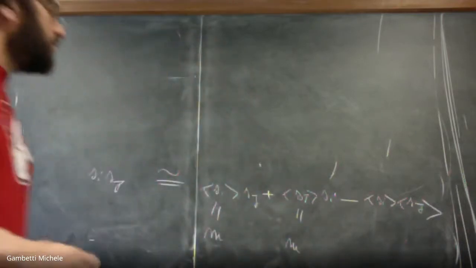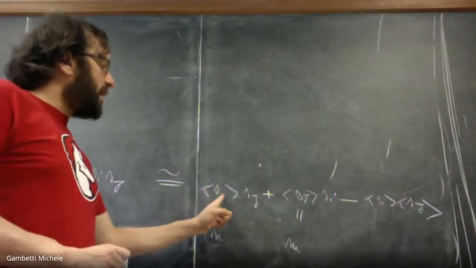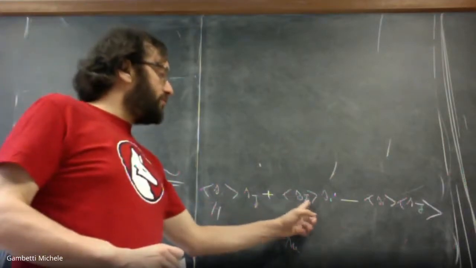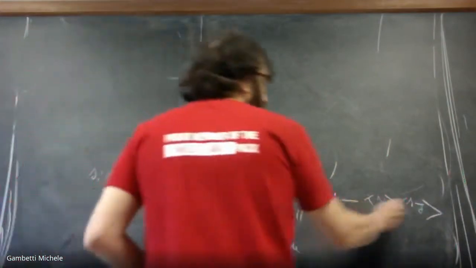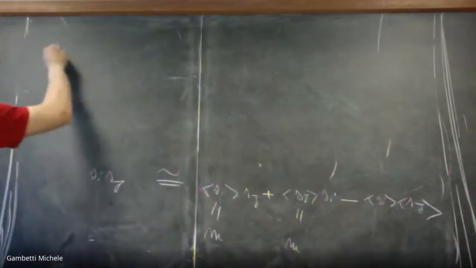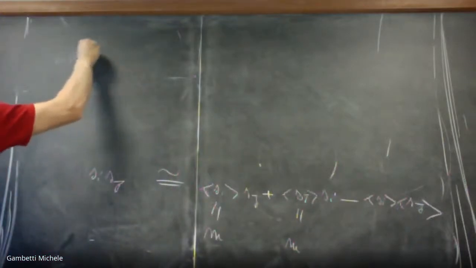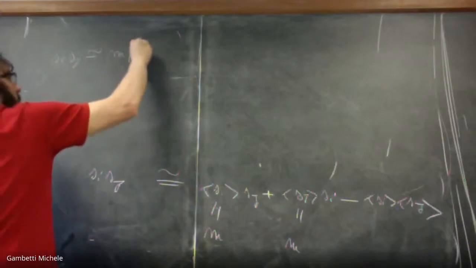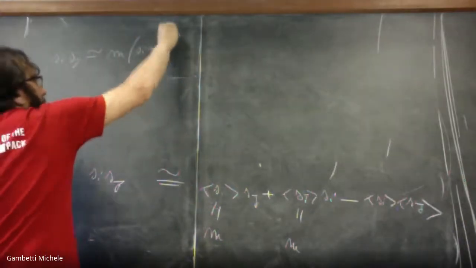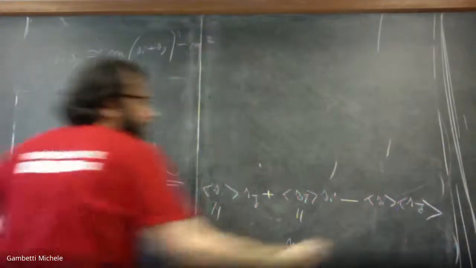There's no reason for which the spin in the i position should have a different average with respect to the spin in the j position. And so this product is m squared. Therefore, s_i s_j is almost equal to m times (s_i plus s_j) minus m squared.